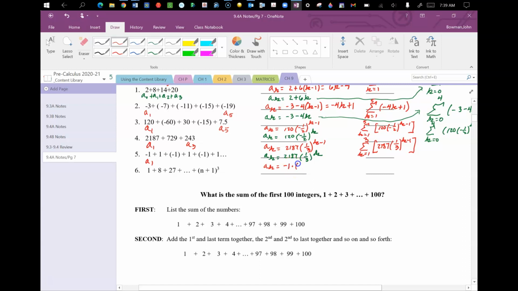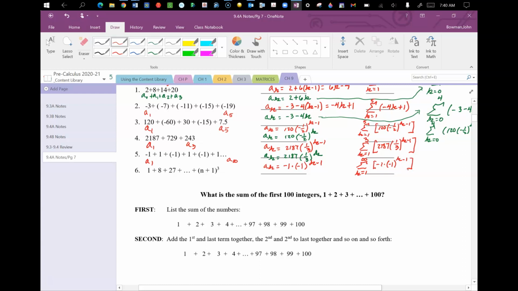So times -1 to the k minus 1. And the difference here is that you see this dot, dot, dot at the end. So basically we have an infinite number of terms. The difference in our notation is pretty straightforward. We're going to say from k equal 1 to infinity instead of a finite number. And we're going to put our explicit rule in there, -1 times -1 to the k minus 1 power.